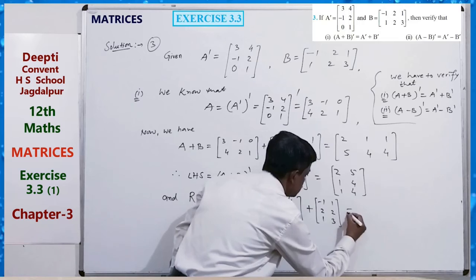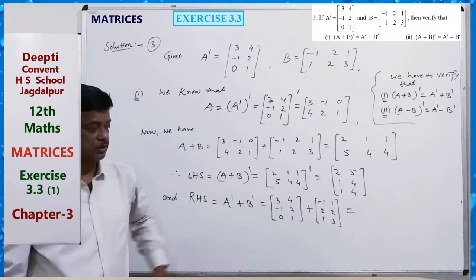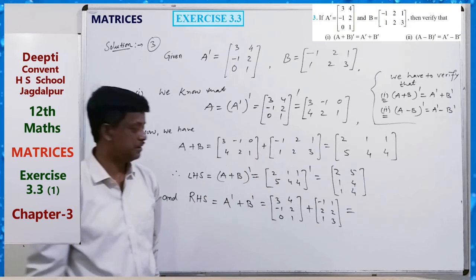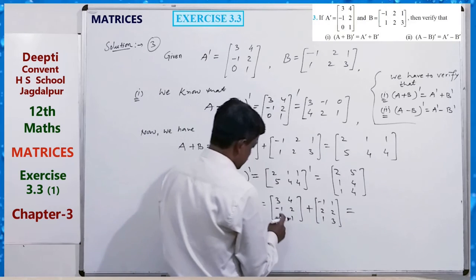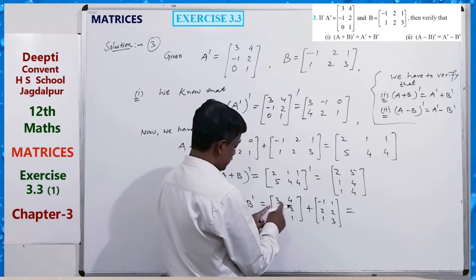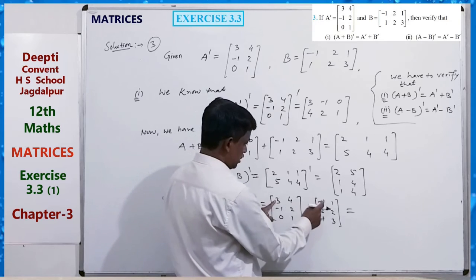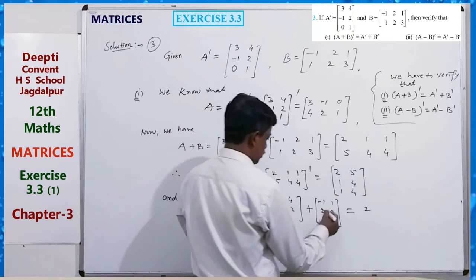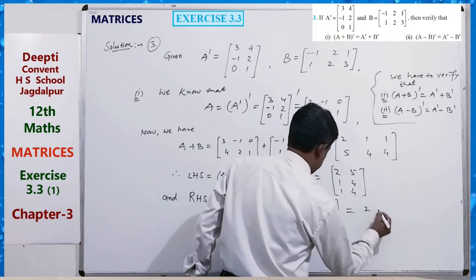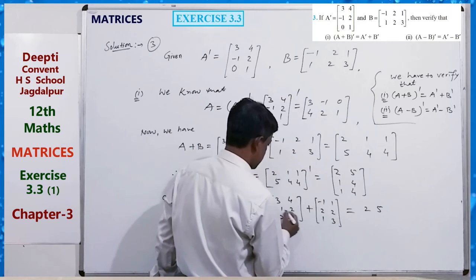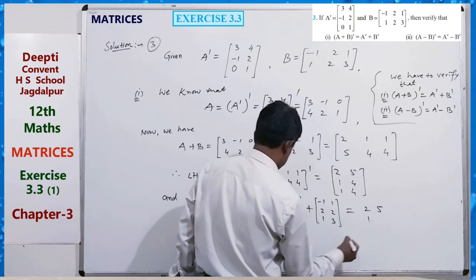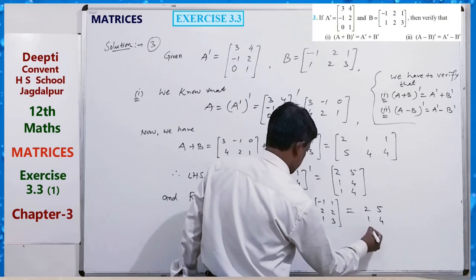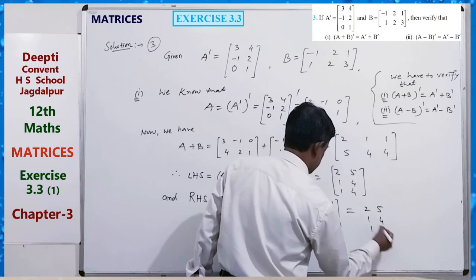So this is the transpose of B. Then add it. What will be the value? 3 minus 1 2, 4 1 5, minus 1 2 1, 2 2 4, 0 1 1, 1 3 4.